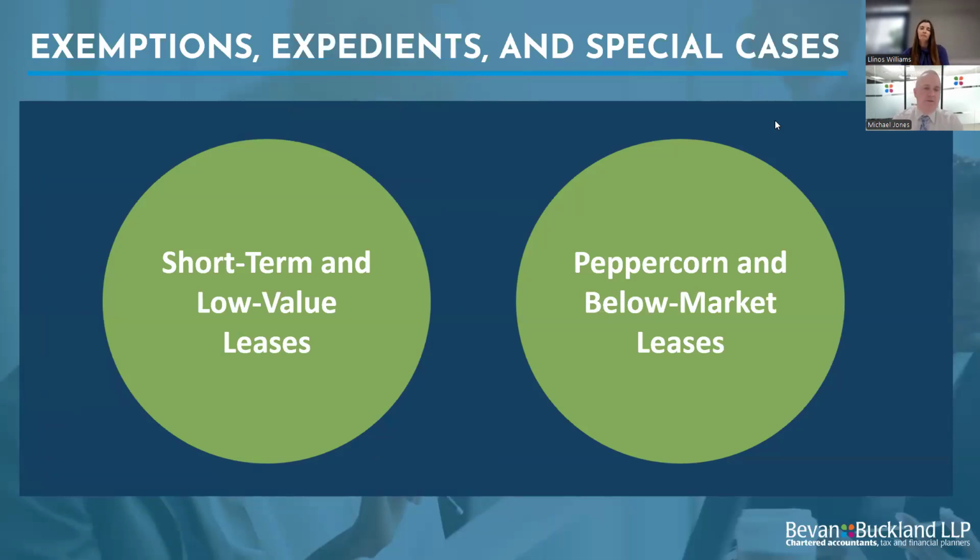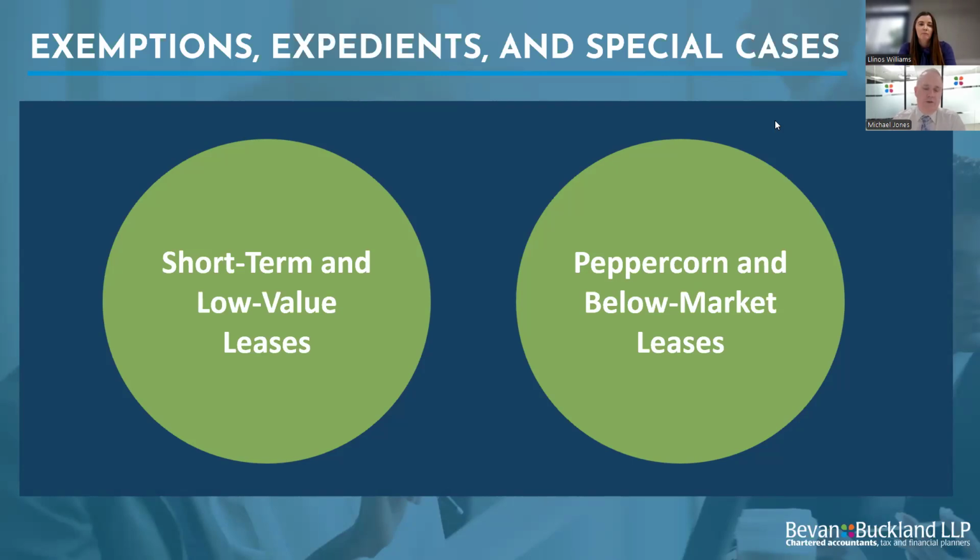FRS 102 almost doesn't give an example of what short-term assets are. It goes the other way, giving you a breakdown of items that aren't classed as short-term. So it's specific that cars, vehicles, and equipment, especially plant and machinery, can't be low-value items.